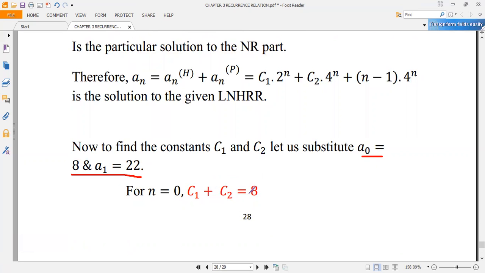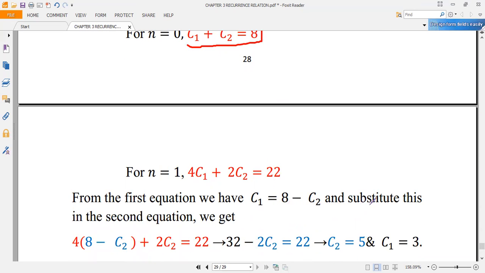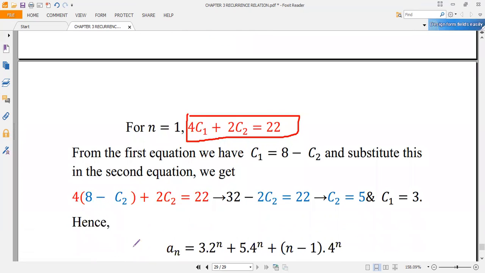And when you substitute n is equal to 1, you will get 2 times C1 plus 4 times C2, which is equal to 22. Solving these two equations simultaneously, from this equation we obtain that C1 is 8 minus C2. Substituting this into the second equation, you will get 2 times 8 minus C2 plus 4C2, which is equal to 22.